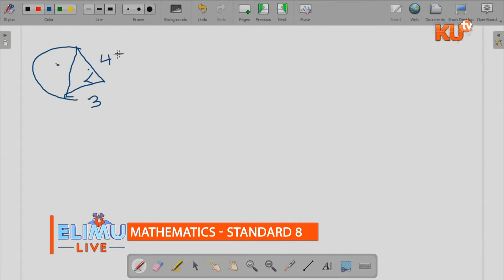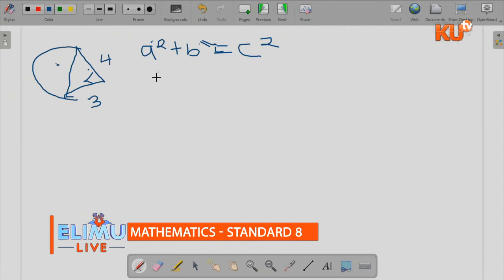What do we do in such a situation? We are brought back to the Pythagorean theorem, which is the right angle relation. If you check there, we said a square plus b square is equal to c square.